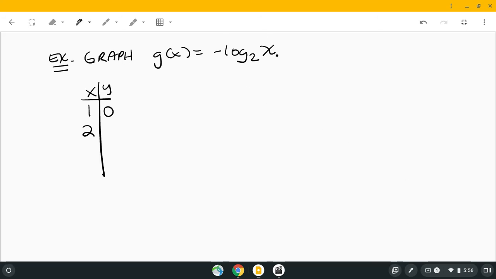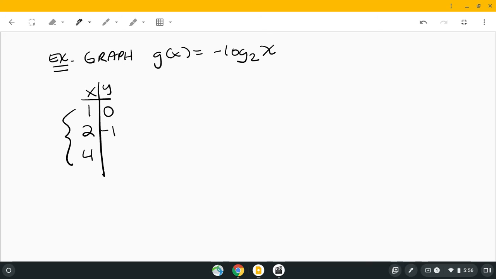If I plug in 2 here, 2 to what power is going to give me 2? That would be 1, but then I have this negative. And I like 4. Here, this is just my preference. You don't have to use my preference. If you want to use the calculator, go ahead. But I'm usually without one.